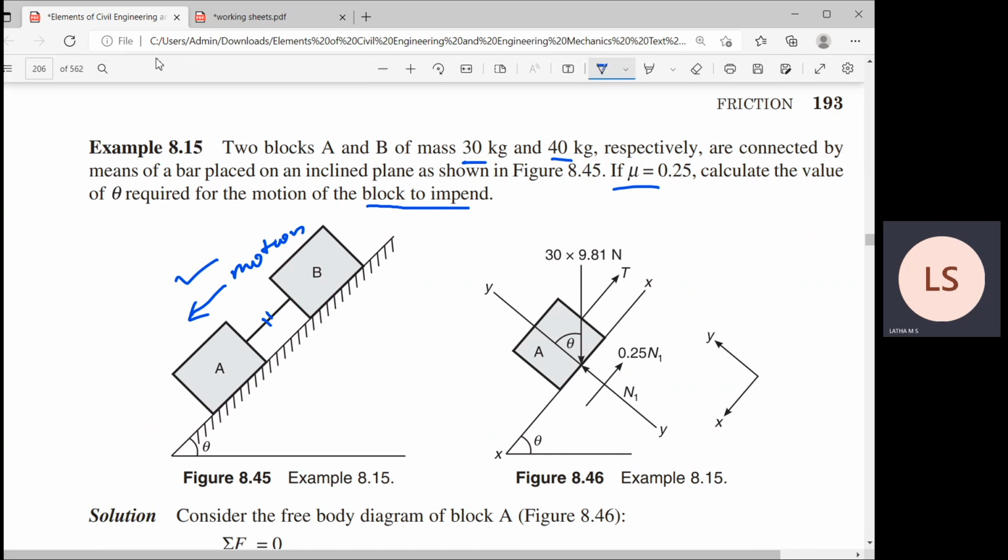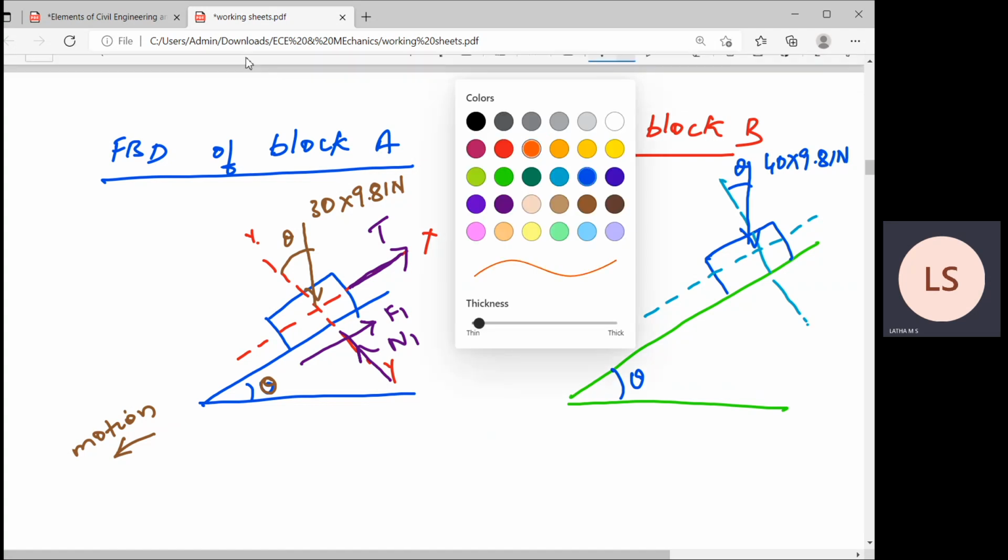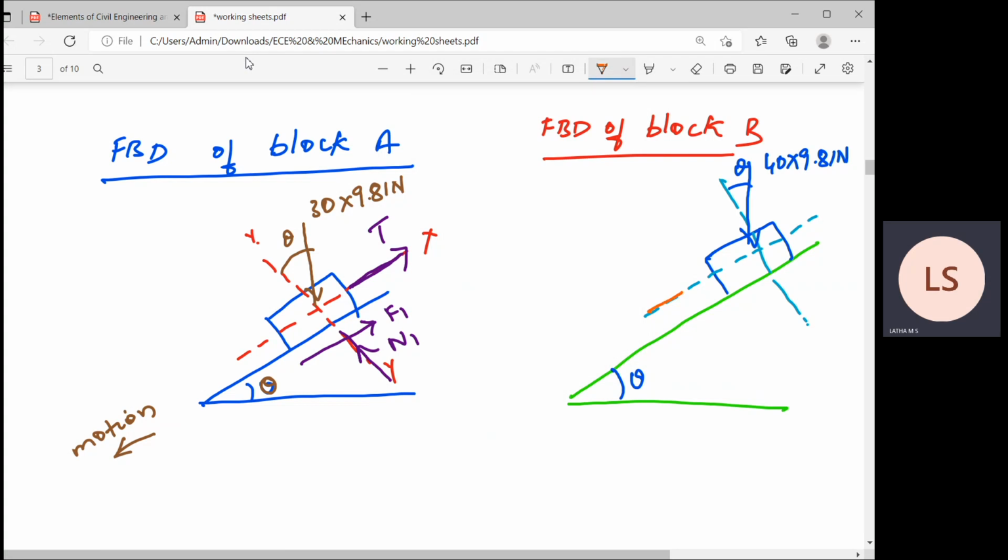And you see this is a connectivity. The blocks A and B are being connected by the bar. So the tension acting in this direction, eventually the tension will be in the other direction. So in the opposite direction, I can mark this to be T. Both are equal and opposite. Hence the bar is in equilibrium. So definitely even the motion of this block B is downwards.